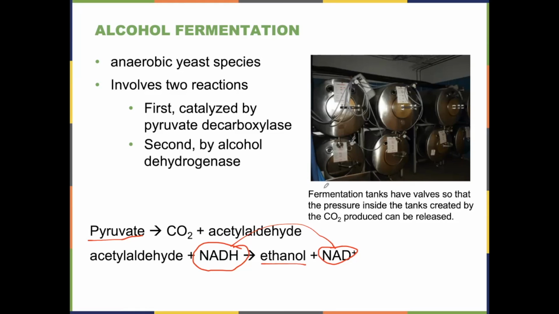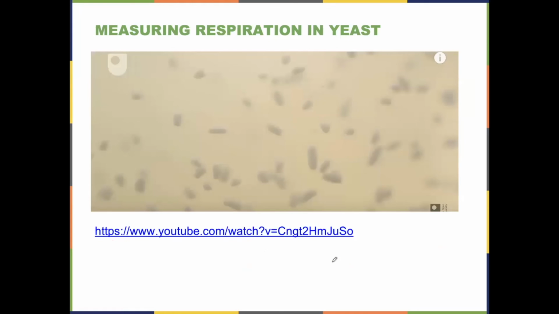Now note that with both alcoholic fermentation and lactic acid fermentation, we make no ATP. We make 0 ATP directly by this process. But the reason why these reactions are advantageous to the cell is to reset our NAD+ so that we can make ATP from glycolysis.